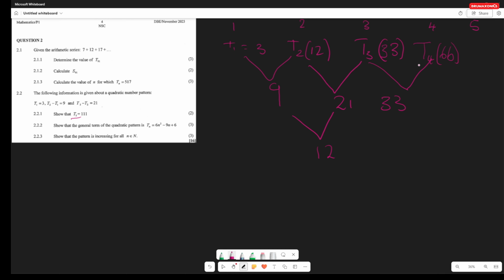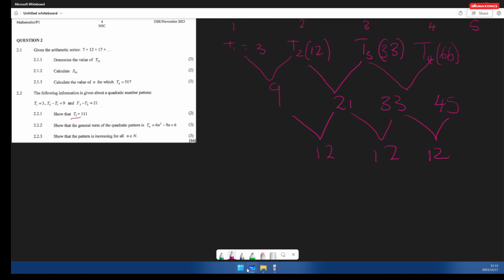So now we know that this is our constant, and with that we can say 12 plus 33 will give us 45, and then this is constant, and then the final one will be 45 plus 66.